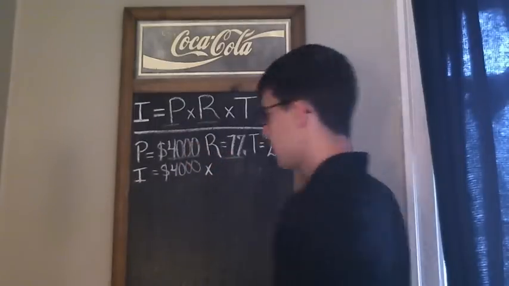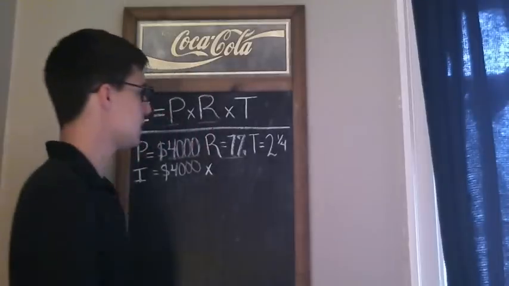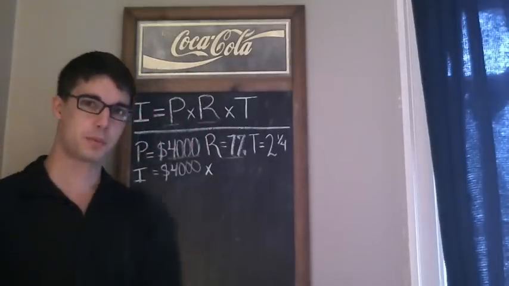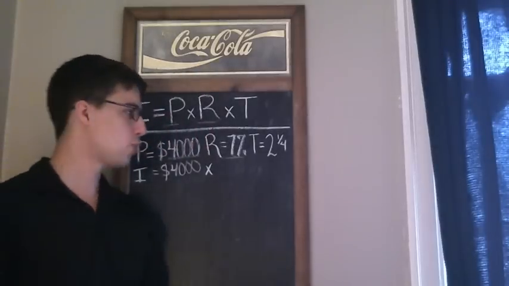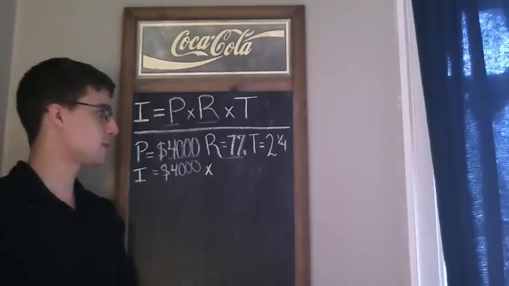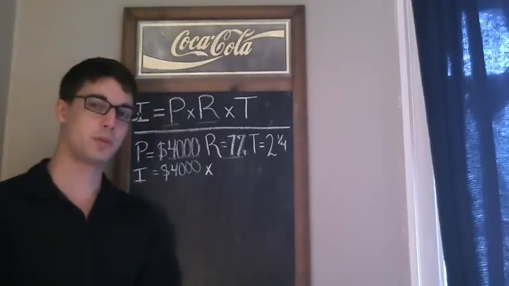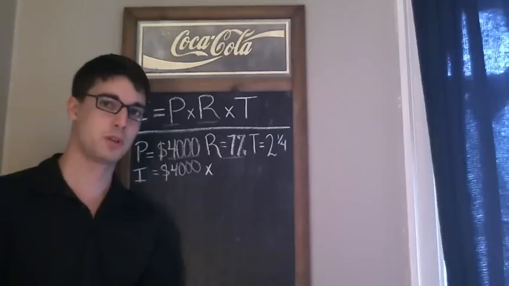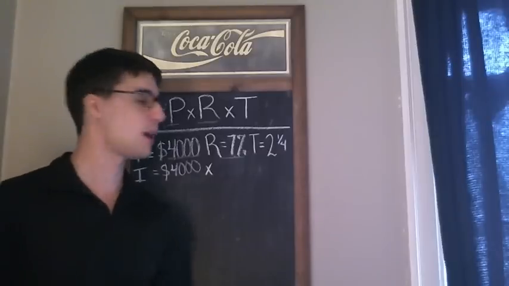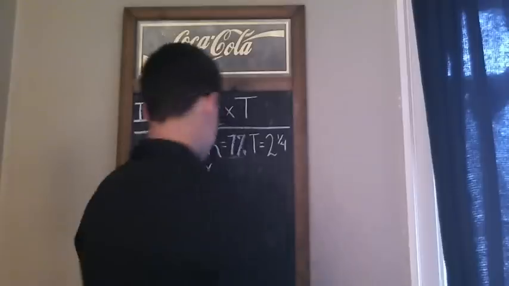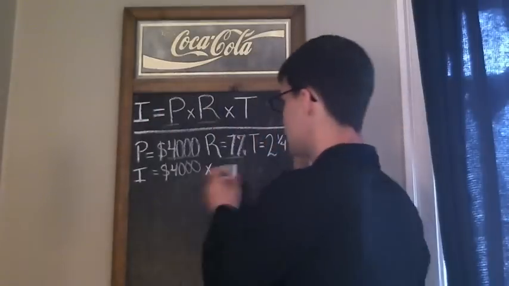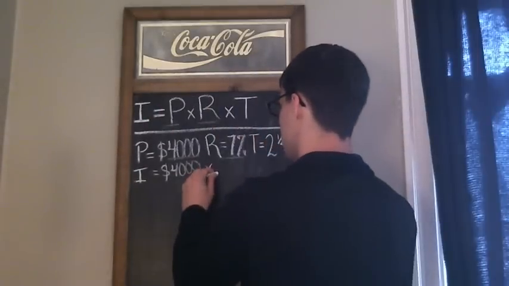And don't forget, class, when we're plugging percentages into formulas like this, we're always going to want to change them into decimal format at this point. So 7% as a decimal is 0.07.